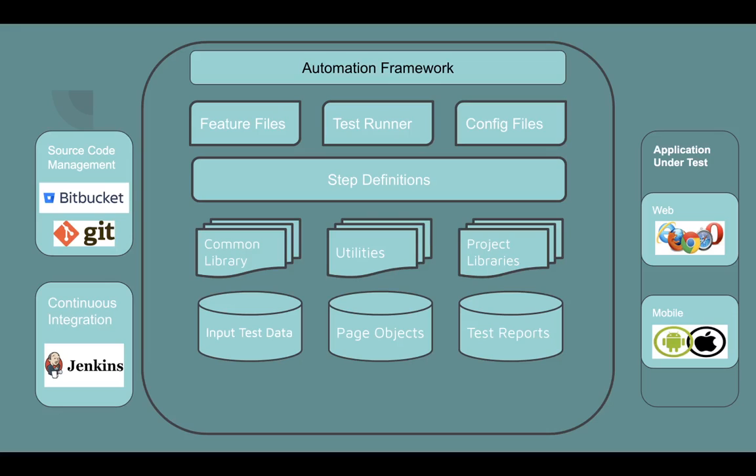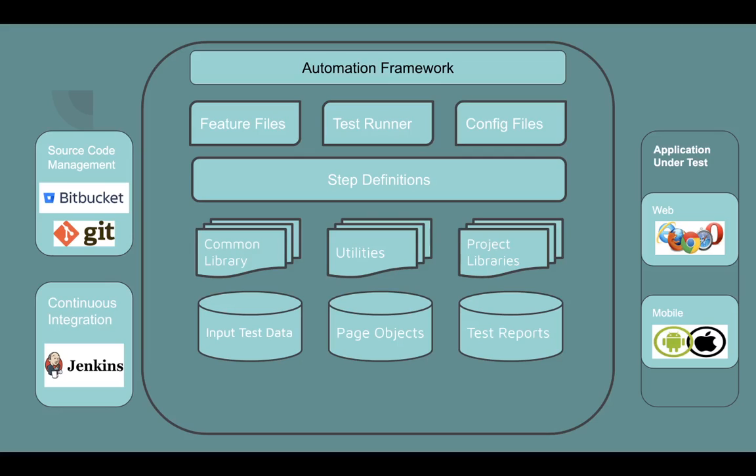Then the automation framework setup. Here we'll be using the feature files to write down our scenarios. I'll be explaining about the different tools we are going to use in the next slides.